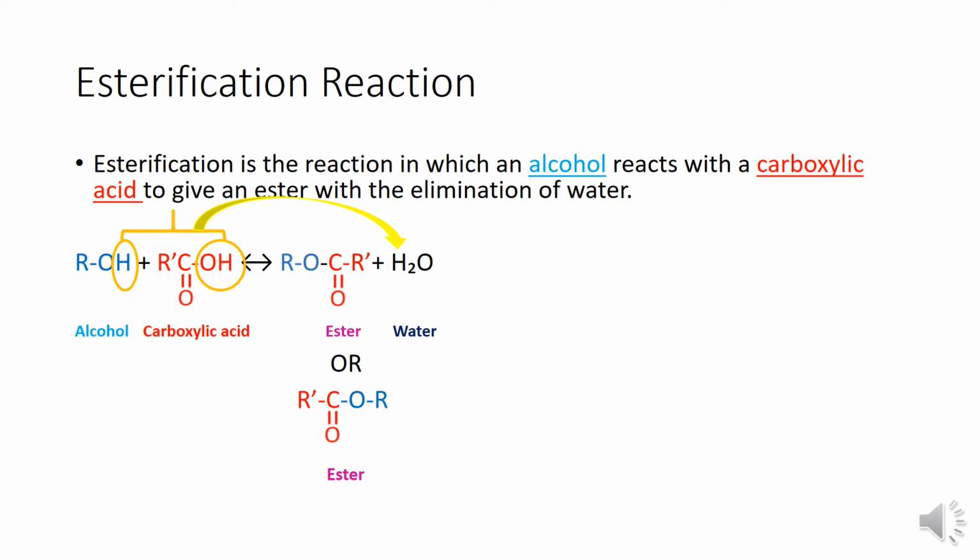The first part comes from the remained alcohol, which is RO, bonded to the second part that comes from the remained carboxylic acid at the C double bond O. Here, the structure of ester can also be drawn starting from the remained carboxylic acid bonded to the remained part of alcohol.